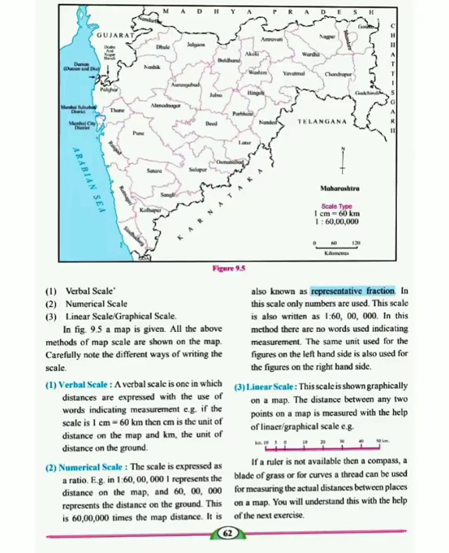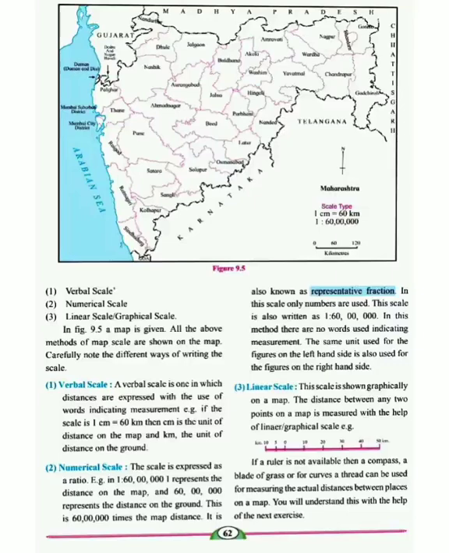Because centimeter is the unit on the map, like the distance on the map पे जो distance है उनको centimeter में बोला है, and the distance which is on ground, that is called as kilometer. So whenever measurements are used such as centimeter or kilometer or stuff like that, then it is called as verbal scale. Clear?